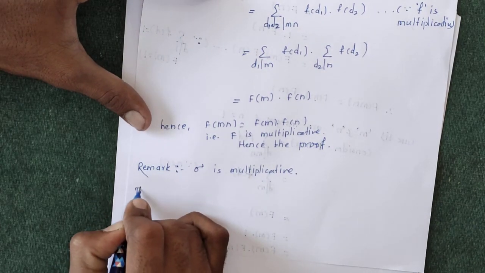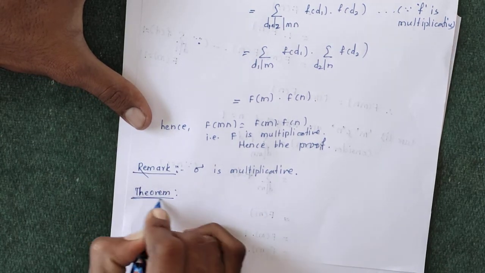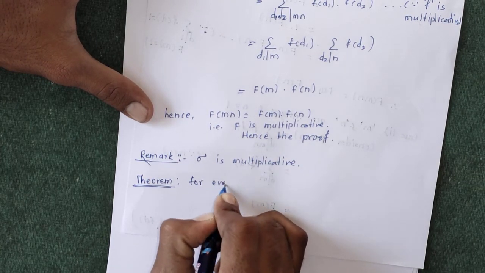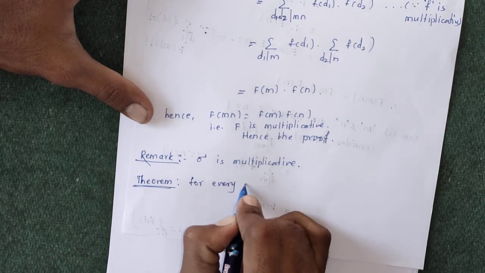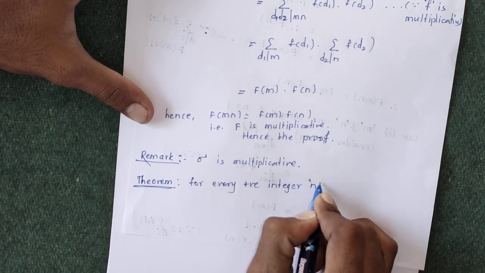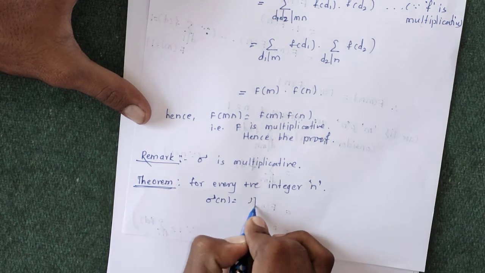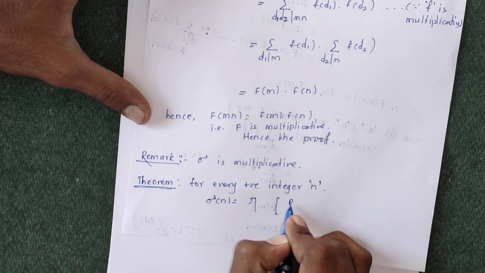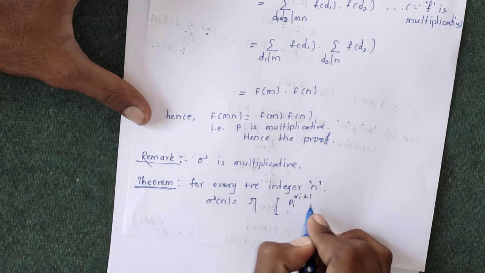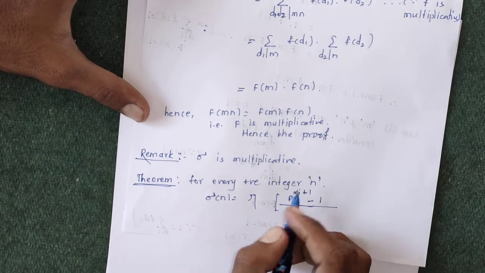So, the statement of the theorem is: for every positive integer n, sigma of n is equal to the product of (pi raised to alpha i plus 1, minus 1) divided by (pi minus 1).